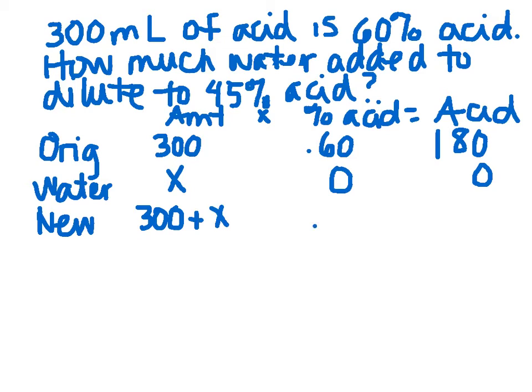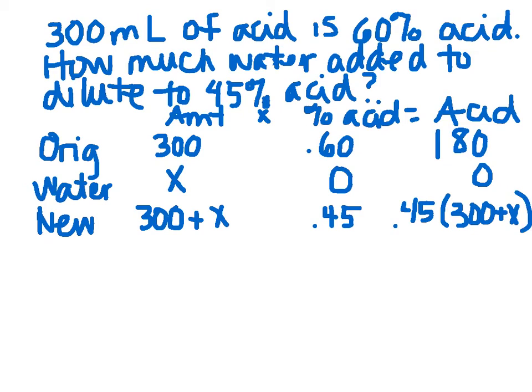And as stated in the problem, we want that to be 45% or 0.45, 45 hundredths acid. So the variable expression for that is 0.45 times (300 plus x).